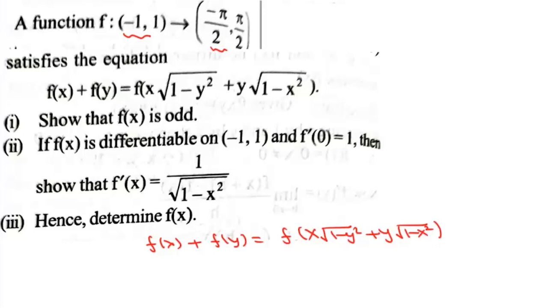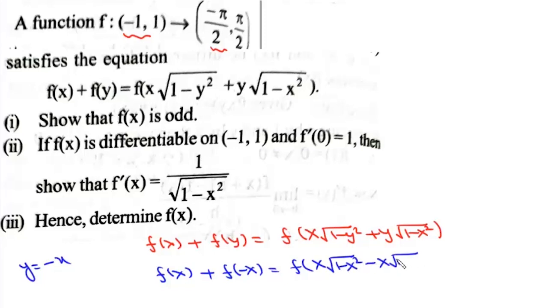So what I'll do is I'll replace y with minus x. So now we get f(x) plus f(minus x), and here it will be f(x) into under root of 1 minus x square, and then minus x into under root of 1 minus x square, which is nothing but f(0). Now we need to find the value of f(0), and for that what we'll do is we'll put both x and y as 0.